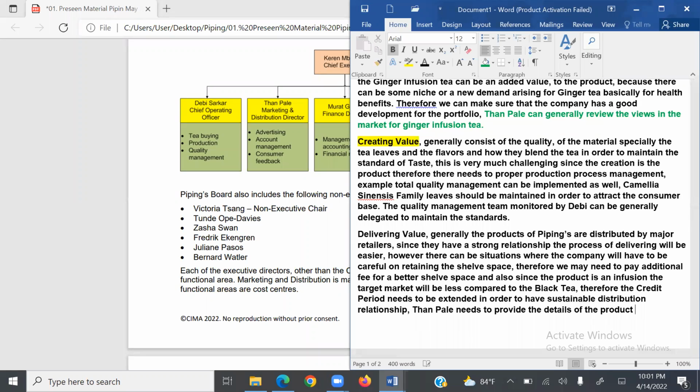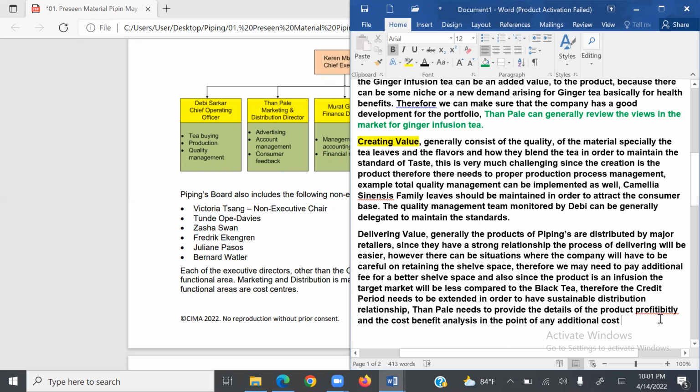product profitability and cost benefit analysis, the point of any additional cost.